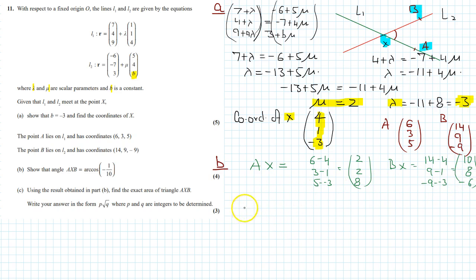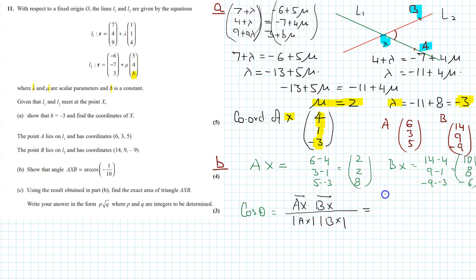AX and BX. So cos theta will be AX multiplied by BX divided by the magnitudes of AX and BX.